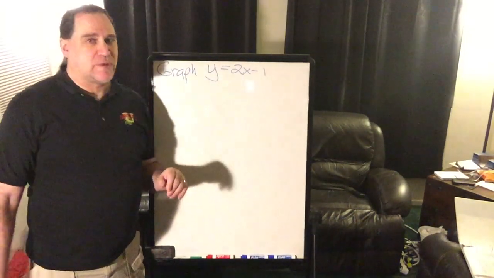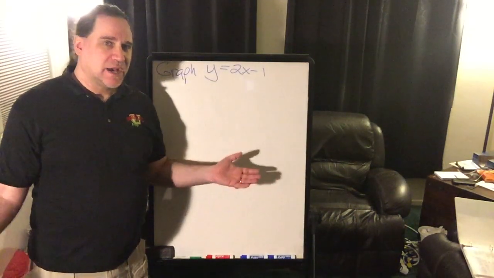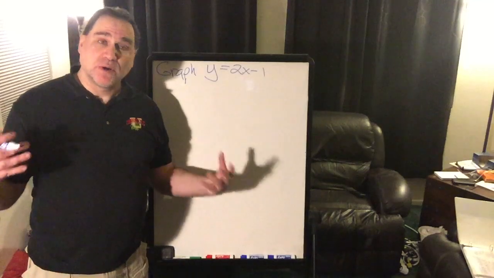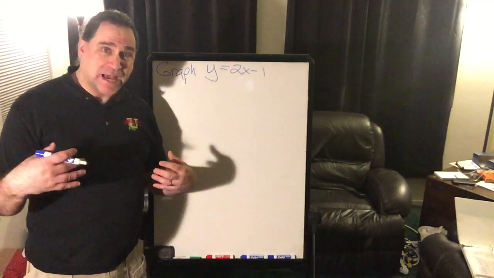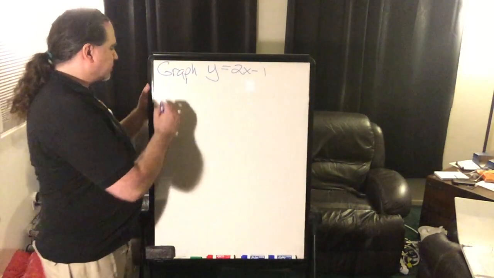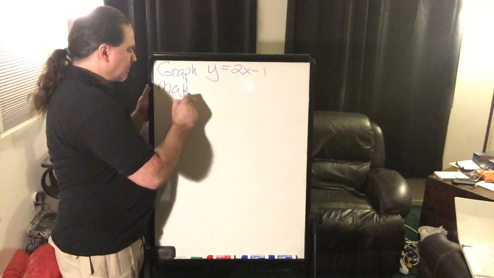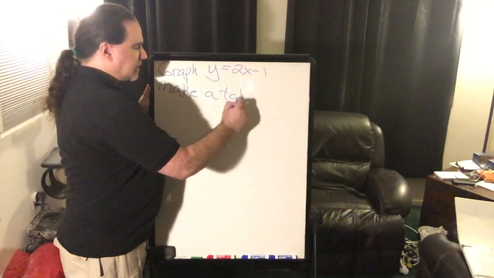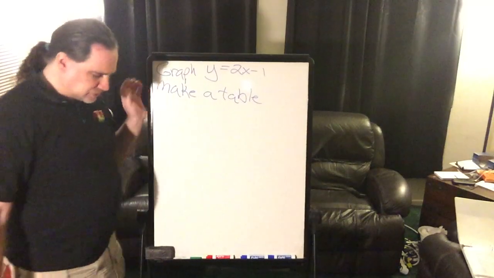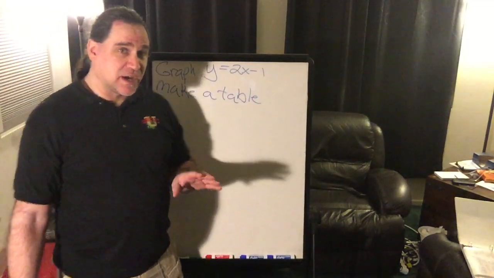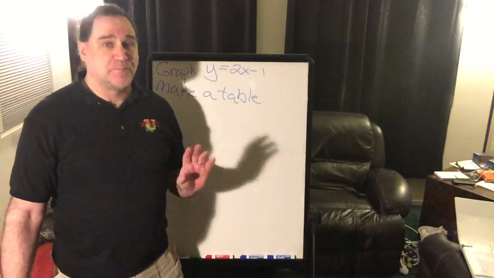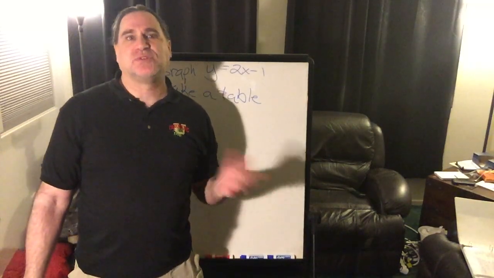Now, I just said graph. I'm not sure I gave you enough directions, so let's take it back up a step. What I want us to do is make a table. This is my big suggestion. You're going to find that after you've gotten good at making a table, the better you get at it, the less you'll need to do it.